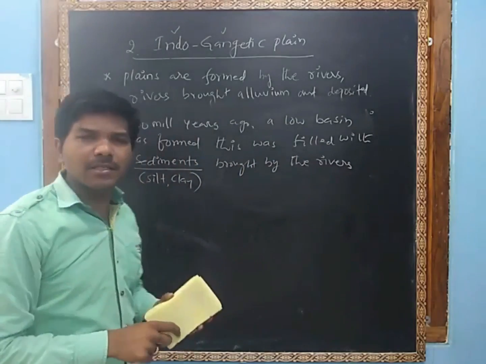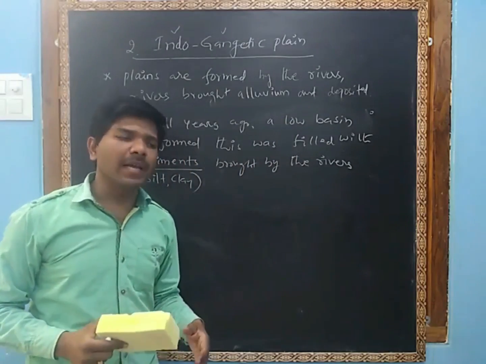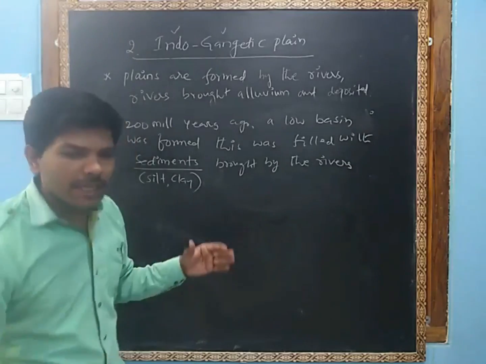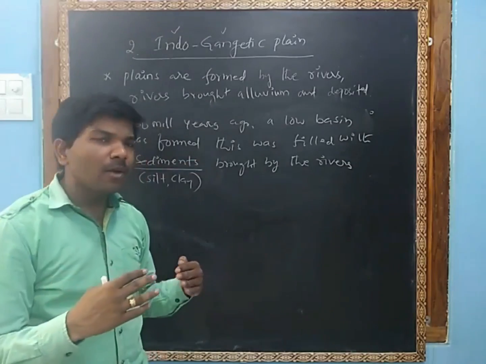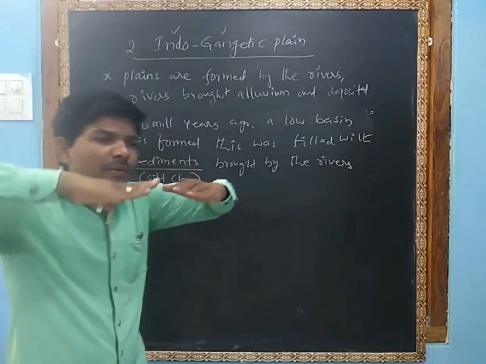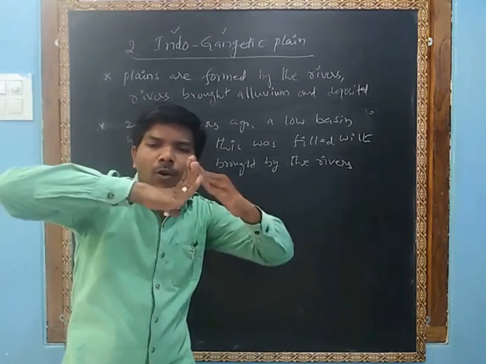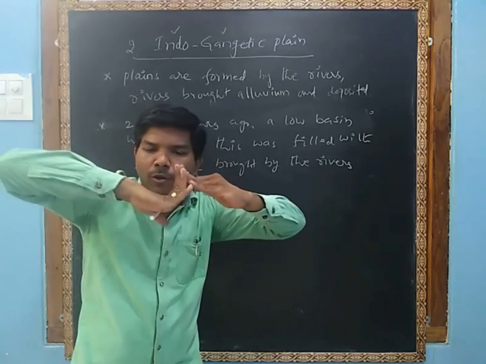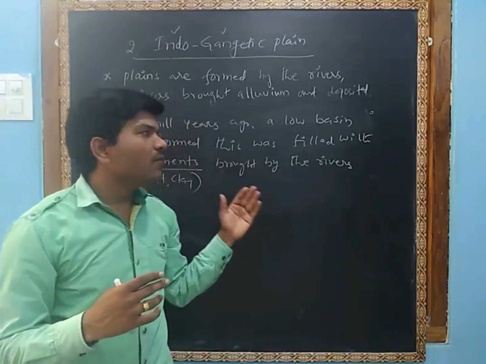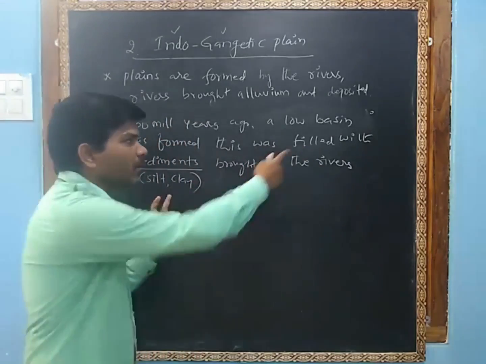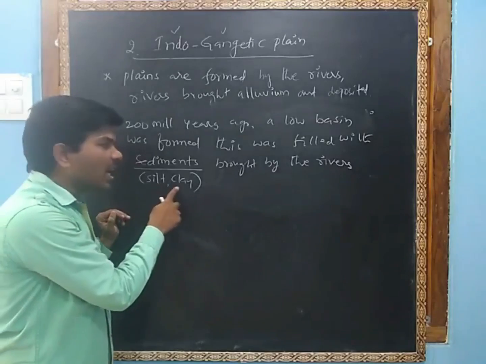Simple. They may ask, how are plains formed? Whenever the Indo-Australian plates collided 200 million years ago, a low basin was formed. Later, it was completely filled with silt and clay.